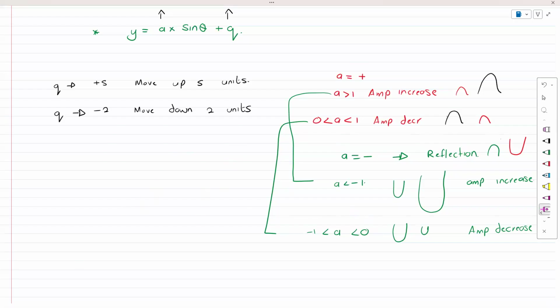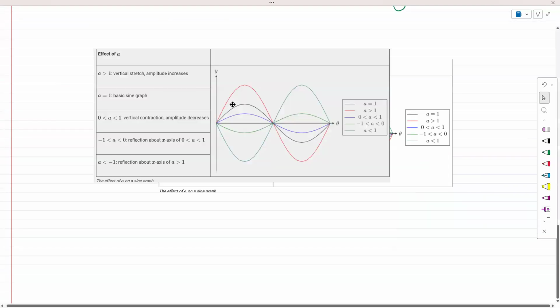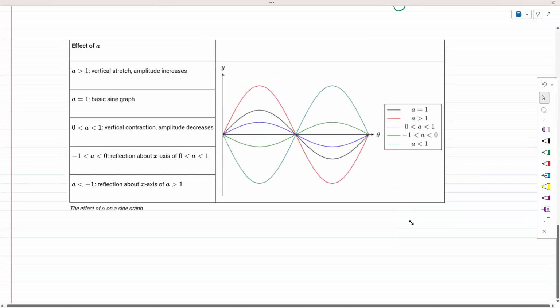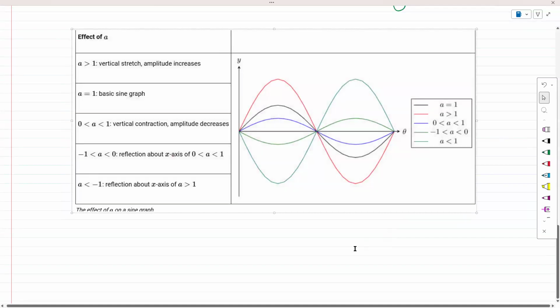The second part is I do have a picture that I'm taking from a textbook that you guys can use to learn and draw in your book. So we can put that here. And this is just the textbook, guys. There's a basic sine graph.